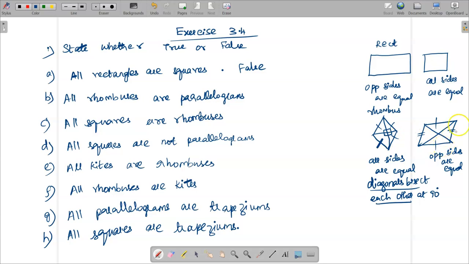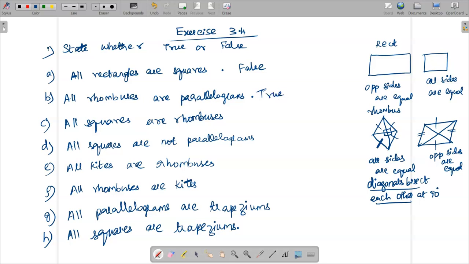Definitely all these properties are there in a rhombus, but the perpendicular property is not there in the parallelogram. So I can say that definitely every rhombus can be a parallelogram. Why? Because opposite sides are equal in a rhombus, as well as diagonals bisect each other. So this statement is true.